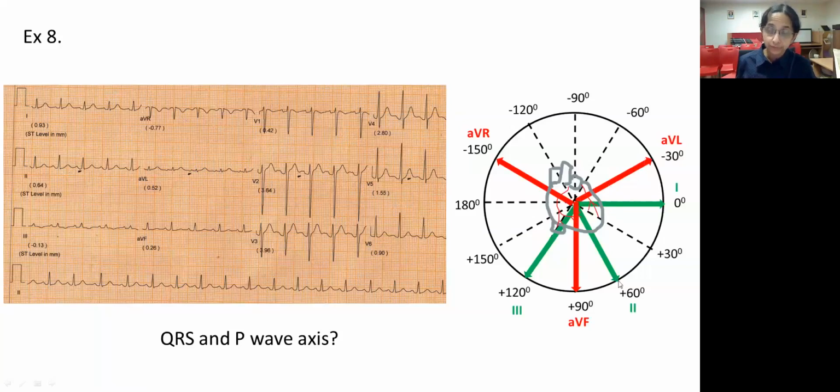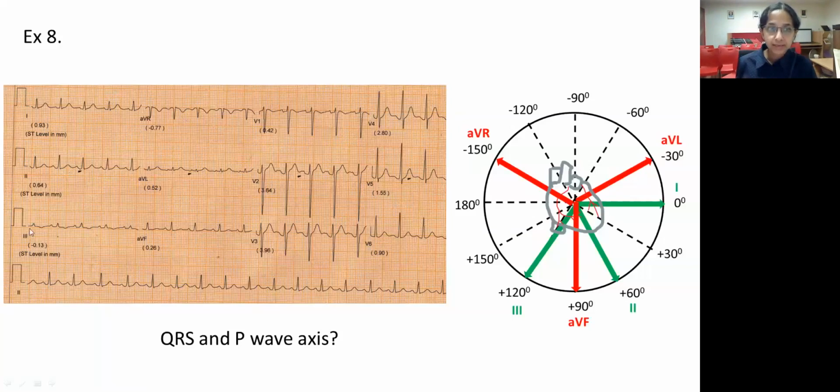Anyway, I'm not sure. So then I go to the next understanding, which lead has the maximum positive or negative deflection. Okay, now we are calculating the frontal one. We are not calculating the chest leads. So can we see it here?